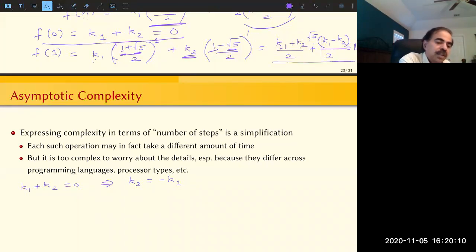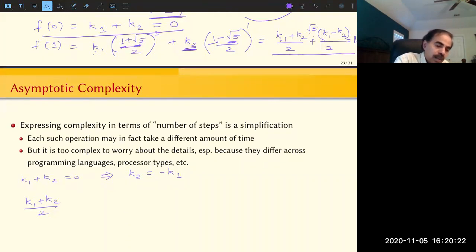Then let's substitute the value of k2 into the second equation. So we will get (k1 plus k2) divided by 2, plus square root 5 times (k1 minus k2) divided by 2, equals 1. Let's substitute k2 equal to minus k1. So we have k1 minus k2, I'm sorry.